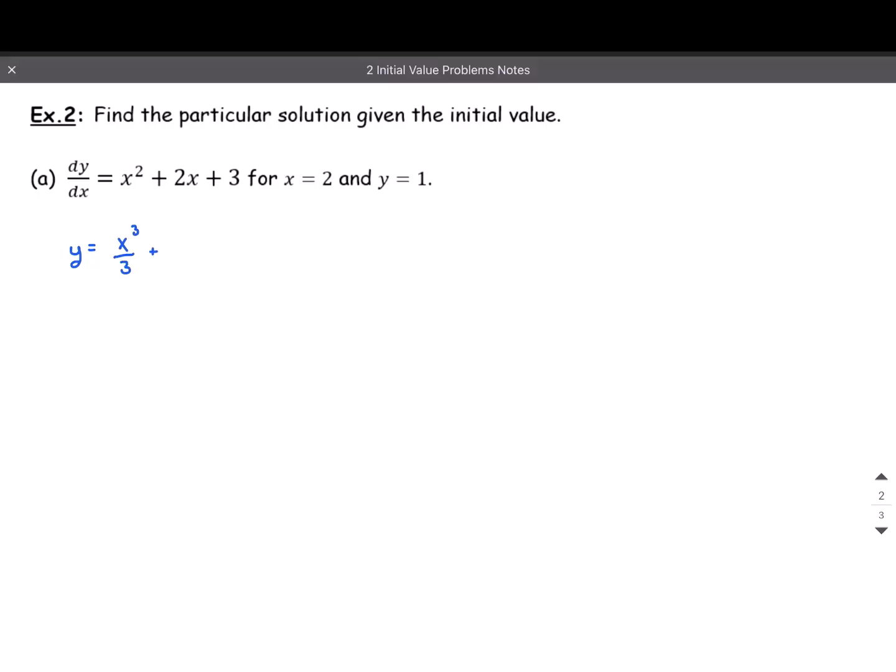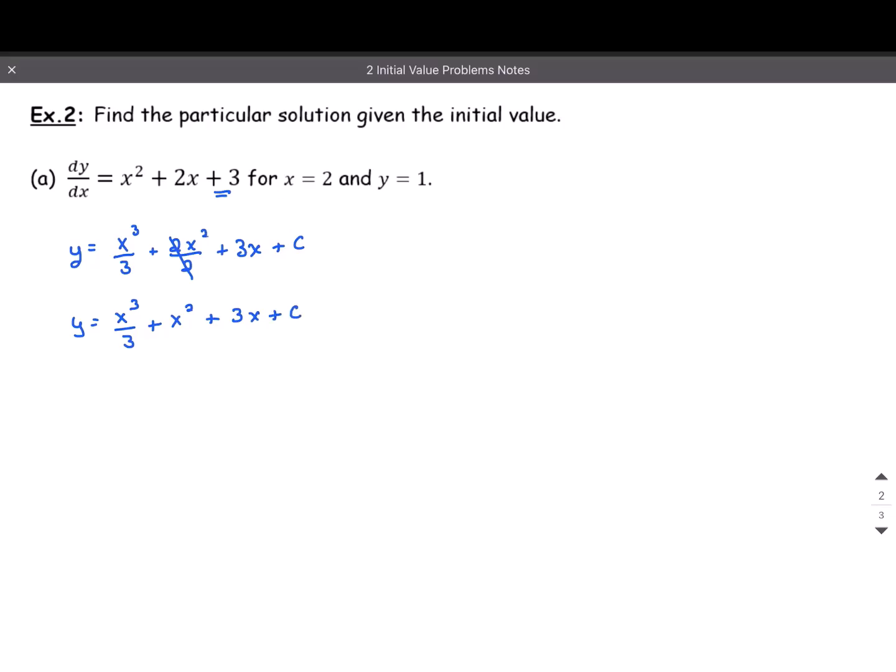Plus the antiderivative of 2x is 2x squared over 2, and yes, those 2's are going to cancel. So we're going to have x to the third over 3 plus an x squared. Now the antiderivative of the 3 here is plus 3x. We're not going to forget our constant. Now we have our general solution.